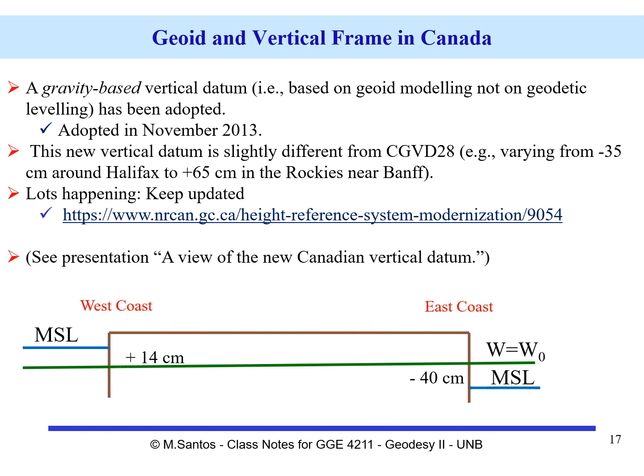What we have here in green is the geoid, okay, the Canadian geoid. So there is a difference of 40 centimeters on the east coast and a difference of 14 centimeters on the west coast. So we're going to see how that impacts.